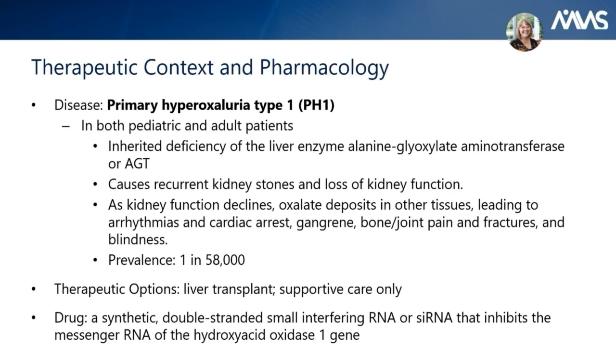The actual drug is a synthetic double-stranded small interfering RNA, or an siRNA, and it inhibits the messenger RNA of the hydroxyacid oxidase 1 gene, which is the deficient gene in this disease.